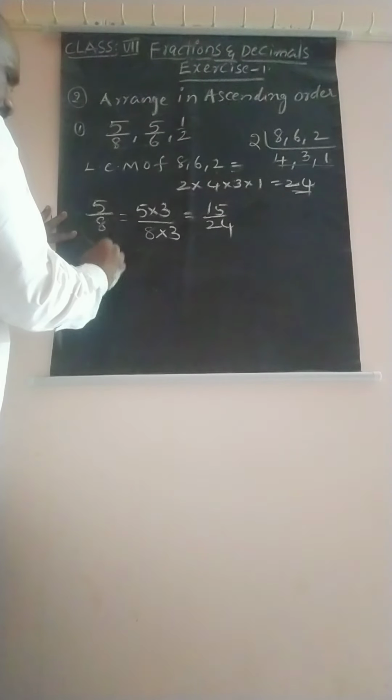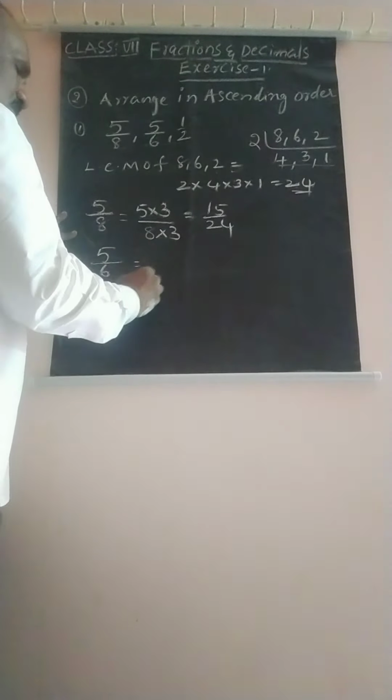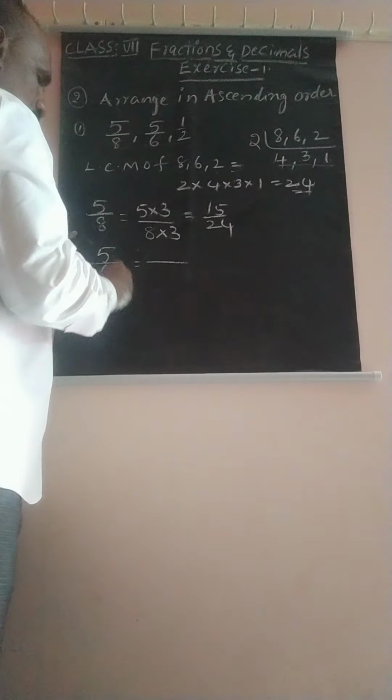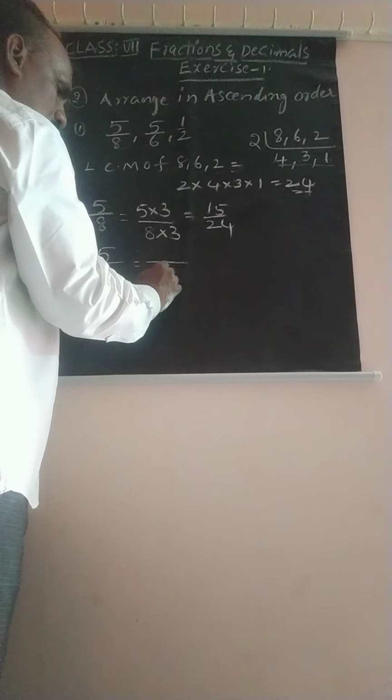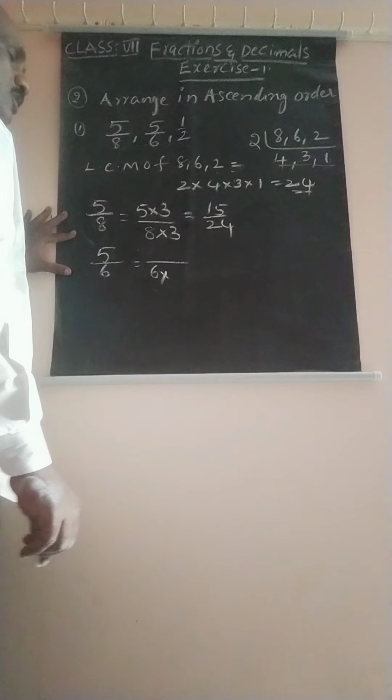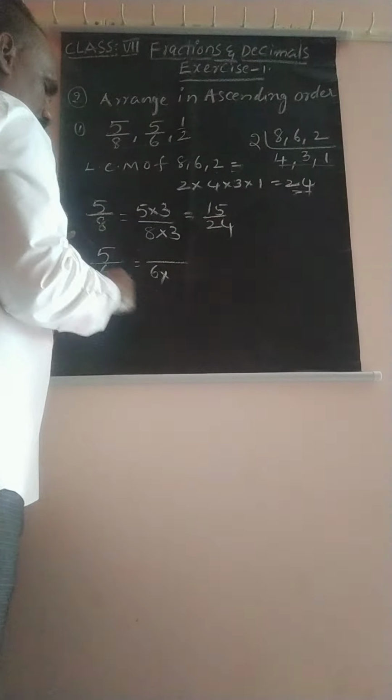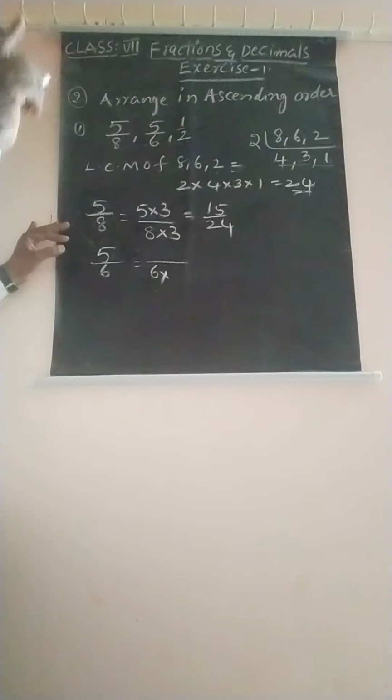Next, the second fraction, 5 by 6. Now 6 is converted to 24. What number should multiply with 6 to get 24? 6 4s are 24.